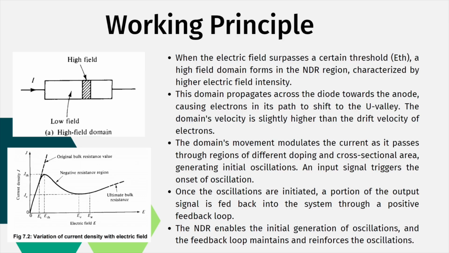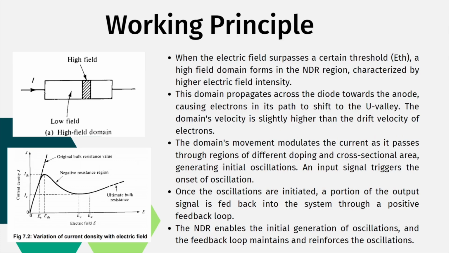Since the Gunn diode only consists of N-type gallium arsenide with different doping concentration and different conductivity, this will generate initial oscillation. Because of this initial oscillation, we can then perturb it with an external input signal so that it triggers the onset of oscillation.